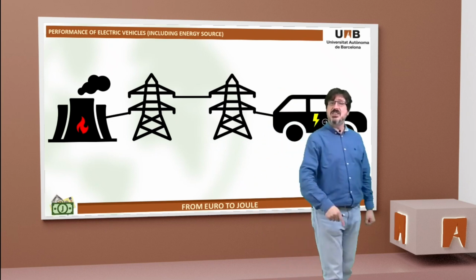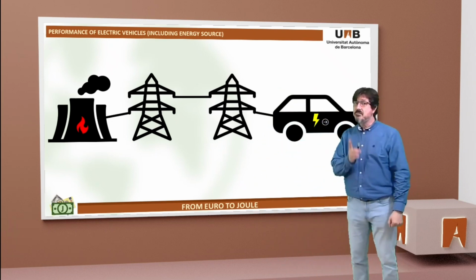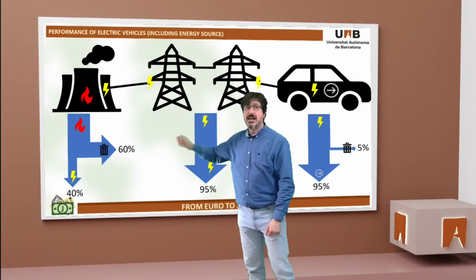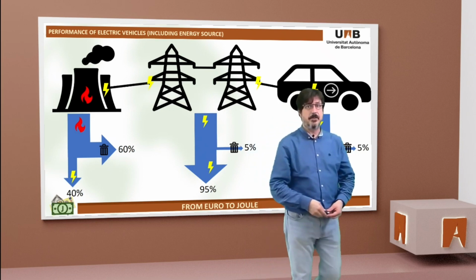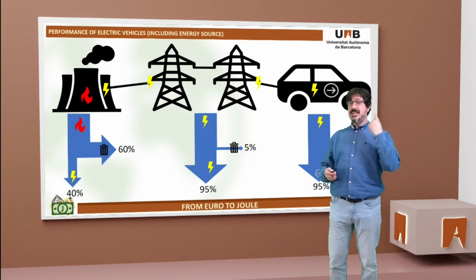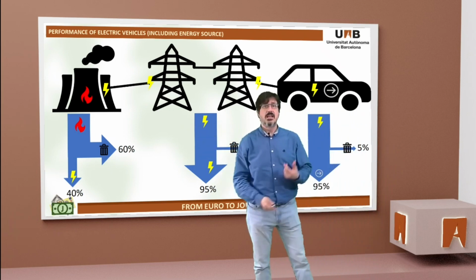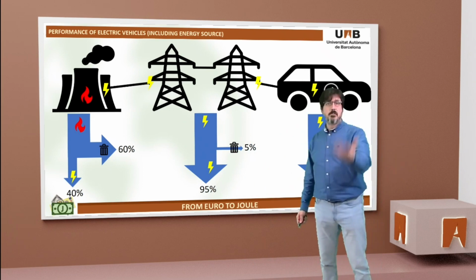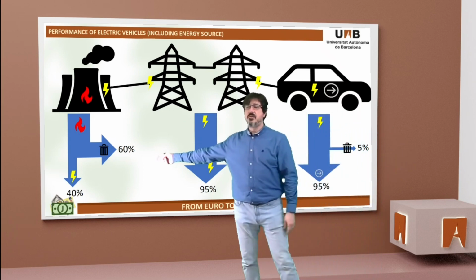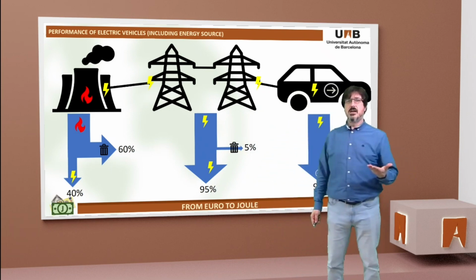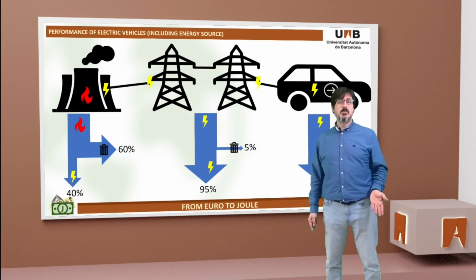And I have to consider the efficiency of this power plant, because the power plant is generating the energy from some process. In the case that the process is done by a thermal fossil fuel plant, the efficiency of this plant will be more or less 40%, not 100%.